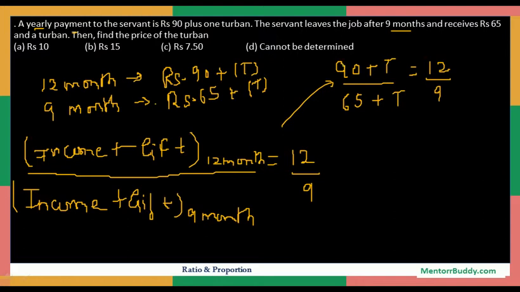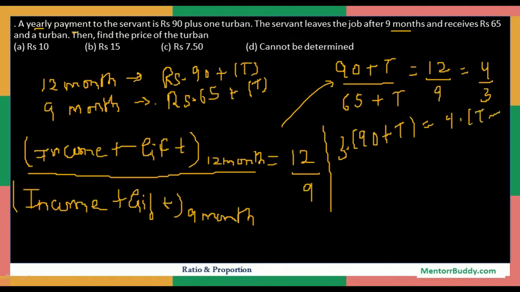This can be written as 4 by 3, cancelling out. Now cross multiplying, this will become 3 into 90 plus t is equal to 4 into 65 plus t. So further written as 270 plus 3t is equal to 40 plus 260.